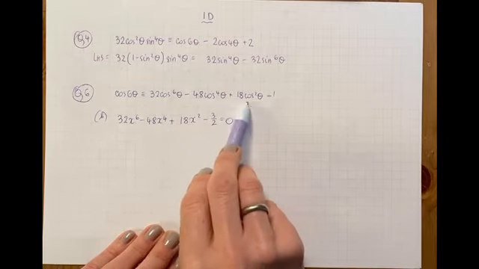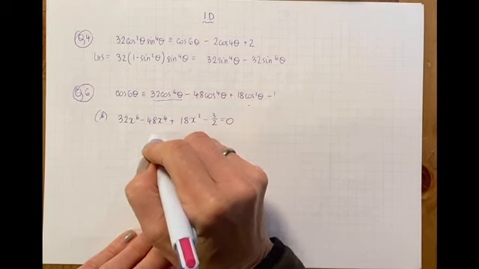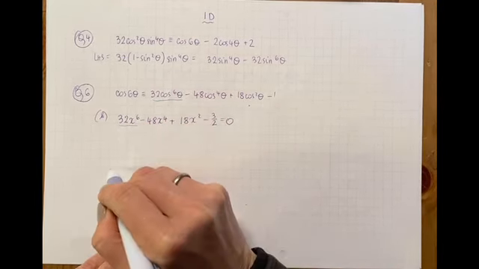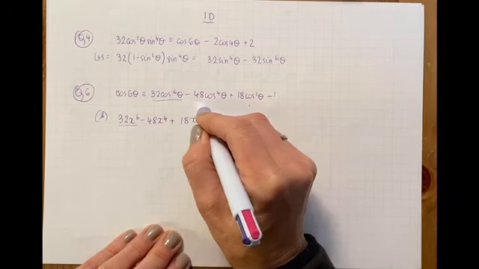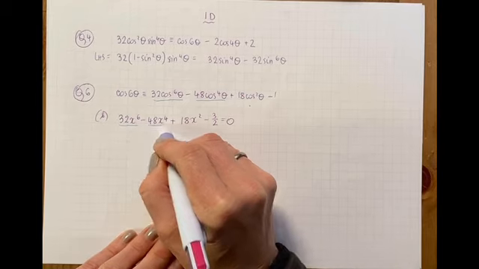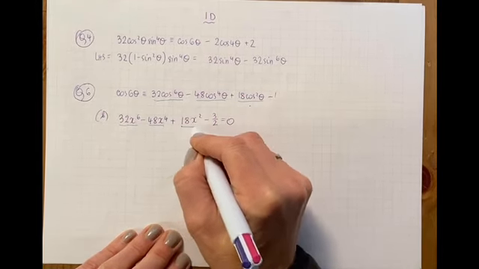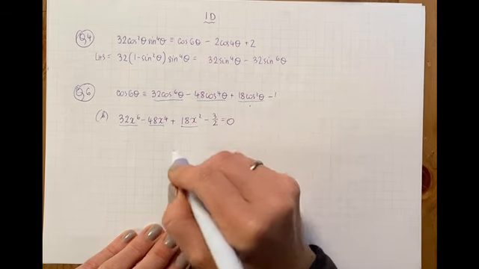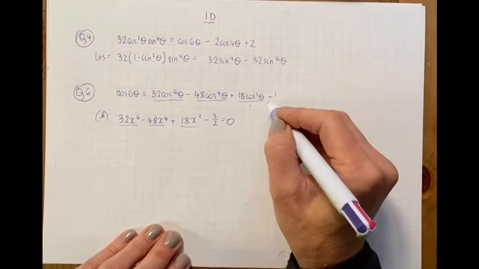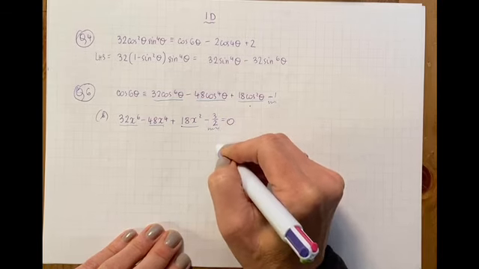So if you look very carefully, you've got 32 cos to the power of 6, and you've got 32x to the power of 6. Then you've got minus 48 cos to the power of 4 theta, and you've got minus 48x to the power of 4. Then you've got plus 18 cos squared and plus 18x squared. Now here you've got minus 1, and here you've got minus 3 over 2.